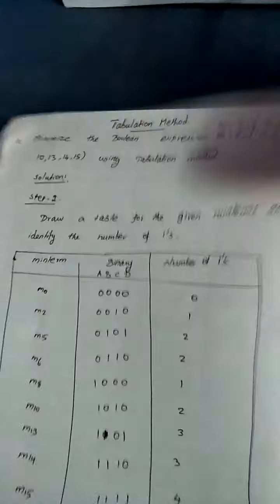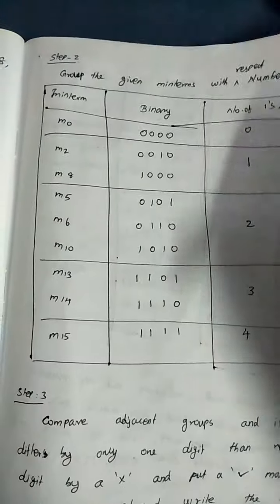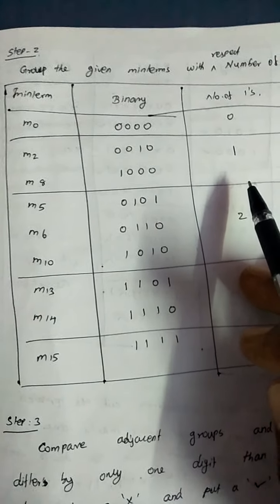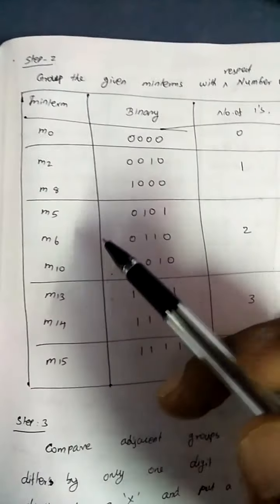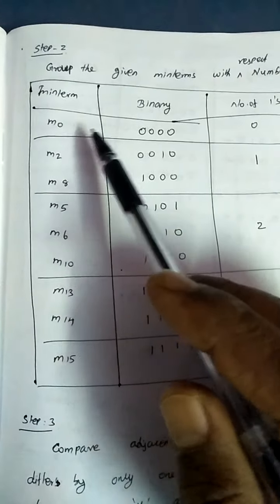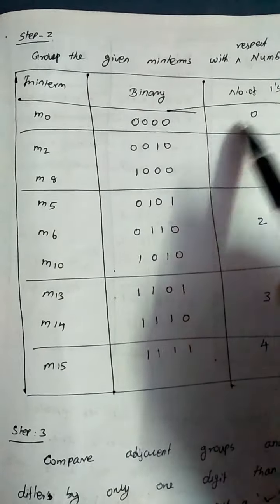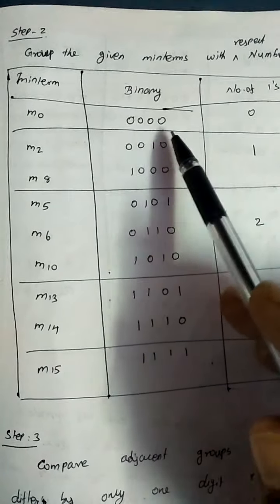Now we are going to see step 2. In step 2, we need to group the min-terms by the number of ones present in each number. For m0, the number of ones is 0, so we write this as a separate group.